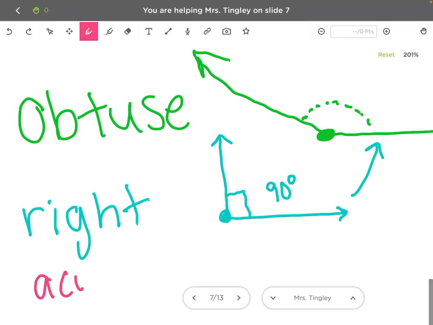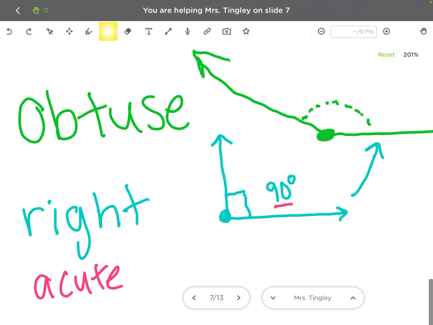Grab a pink. The last kind of angle we are going to talk about is an acute angle. Think of something that is very cute. It's normally pretty small, right? So take a guess. Do you think the angle would be larger or smaller than 90 degrees for an acute angle? Yep, it's smaller.